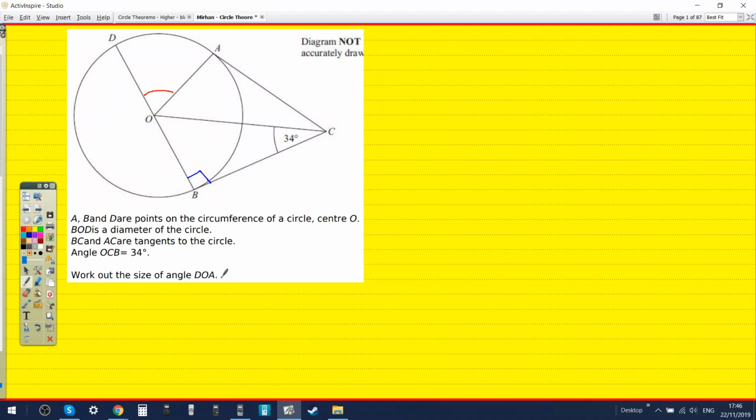So 34 plus 90. 56. Oh, so yes, that angle is 56. Is the angle labelled red 56 as well? No. So there, this is C. This is a tangent at A, this is a tangent at B. So is A 90 as well then? Yeah.